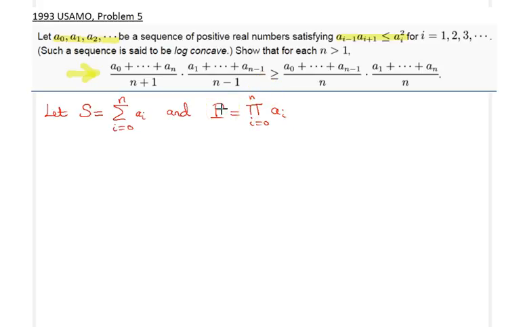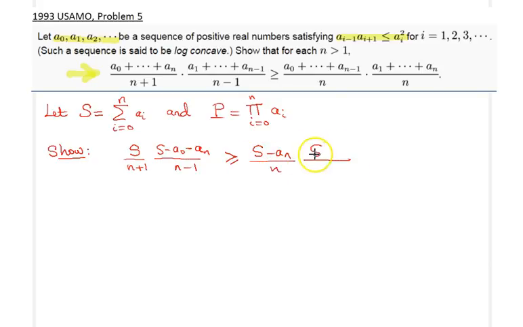So what we would like to show is that S over n plus 1 times S minus A sub 0 minus A sub n over n minus 1 is greater than or equal to S minus A sub n divided by n times S minus A sub 0 divided by n. That's exactly what we want to prove.